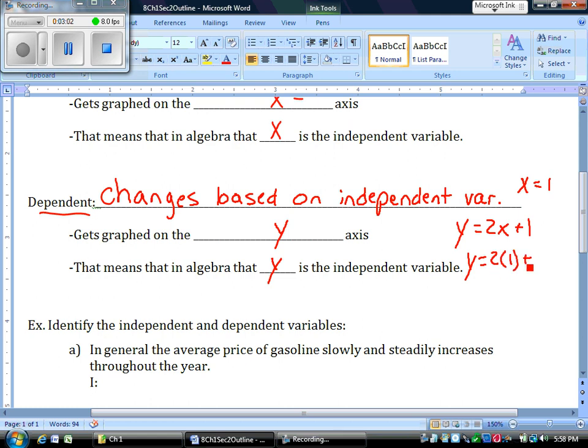So I plug in 1 for x, and it tells me that y is 3. The dependent variable changes, y changes based on what we pick for the independent variable x. If I pick 5 for x, y is going to be 11. Okay? That's how the independent and dependent relationships work. It's with the x and y. Okay?